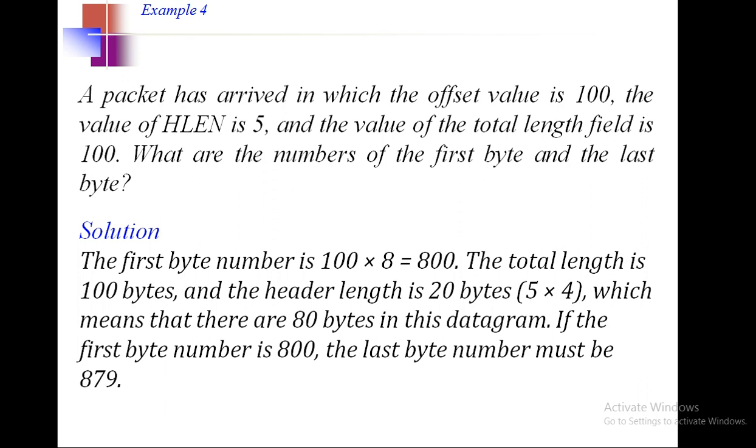Now the header length is 5, so multiply it by 4. 5 into 4, the header length is 20. Which means that there are 80 bytes in the datagram. If the first byte is 800, then the last byte will be obviously 879, right? 100 minus 20.